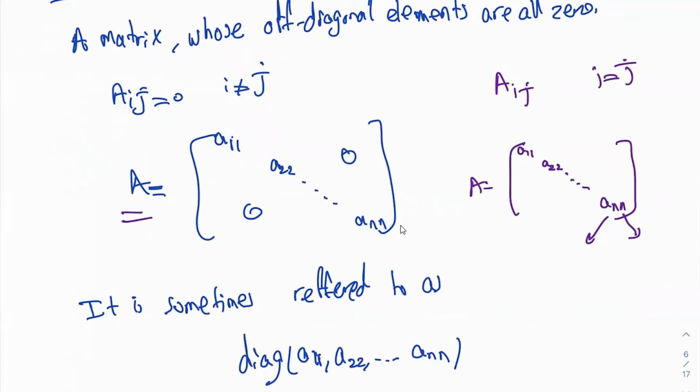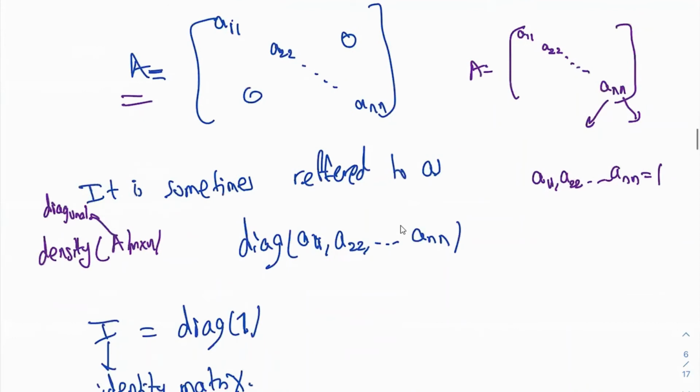So diagonal matrices also are sparse. The most important example of diagonal matrices is the identity matrix, where all of A11, A22, all the way to ANN are equal to 1. What's the density of A, let's just write A when A is n by n, when A is diagonal?